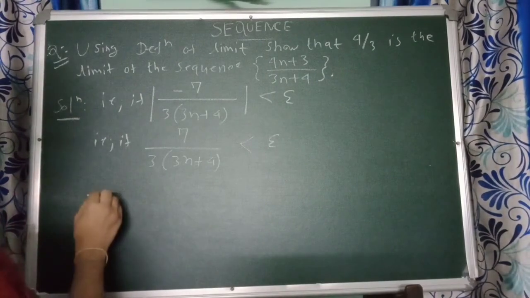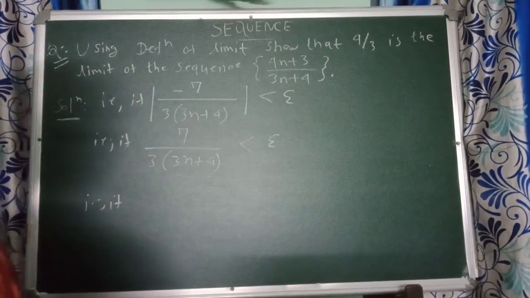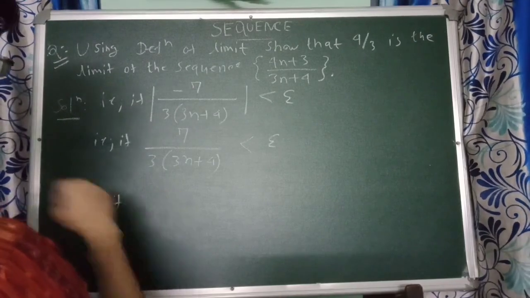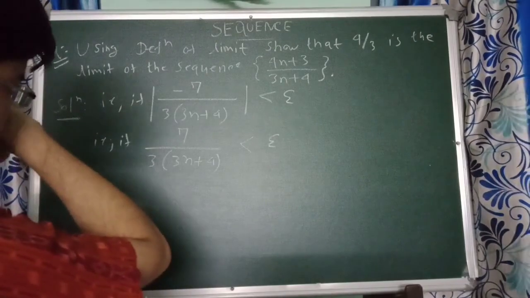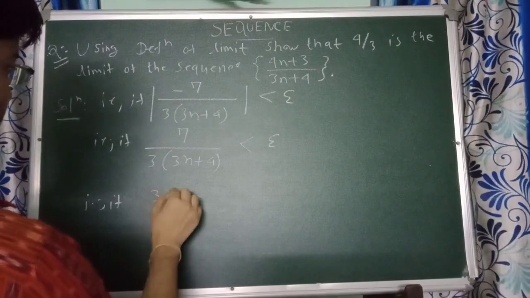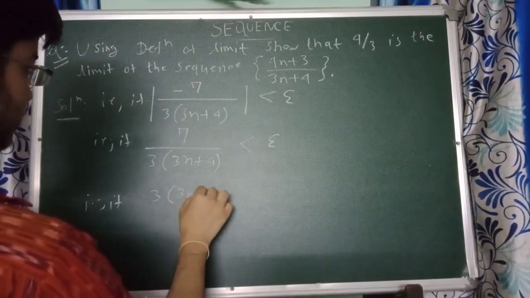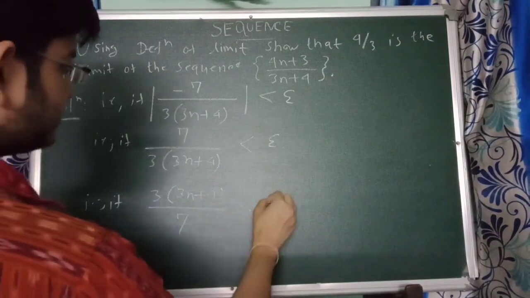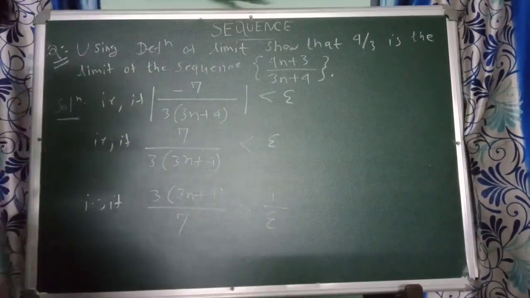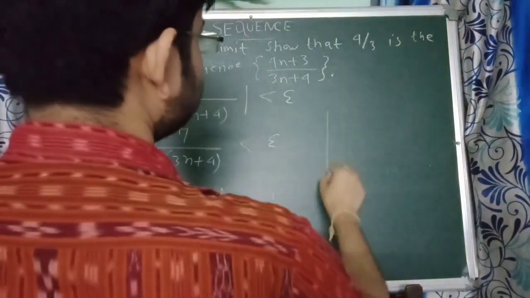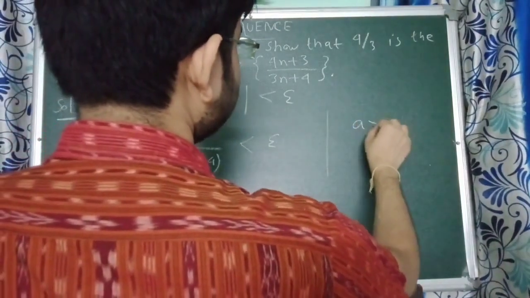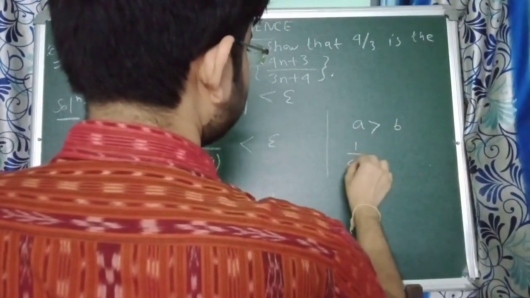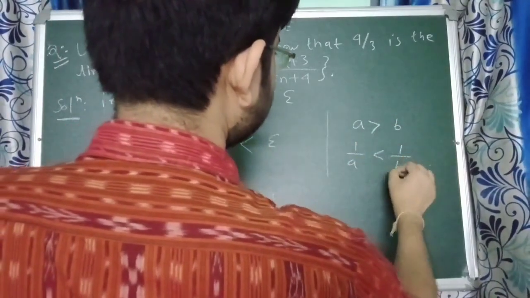That is, if 3 into 3n plus 4 divided by 7 is greater than 1 by epsilon, since you know that if quantity A is greater than B, then 1 by A is less than 1 by B, or vice versa.